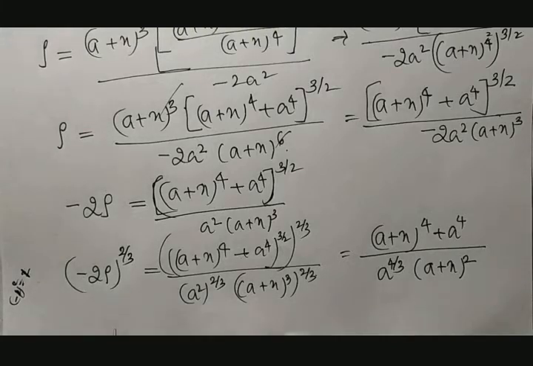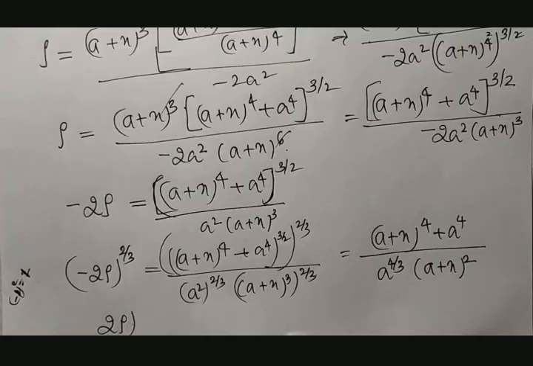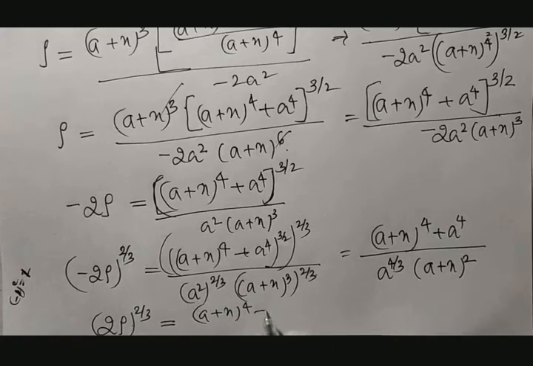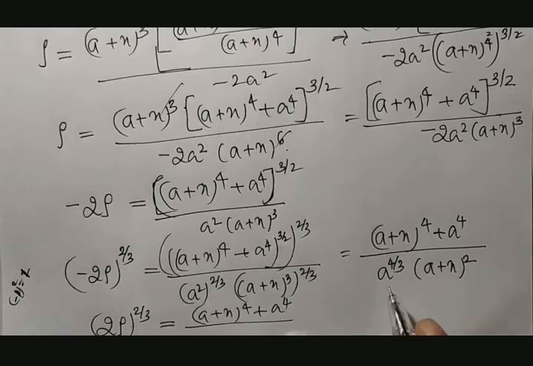Therefore, it is 2 rho raised to 2 by 3 is equal to a plus x raised to 4 plus a raised to 4, this divided by a raised to 4 by 3 into a plus x the square. Okay.